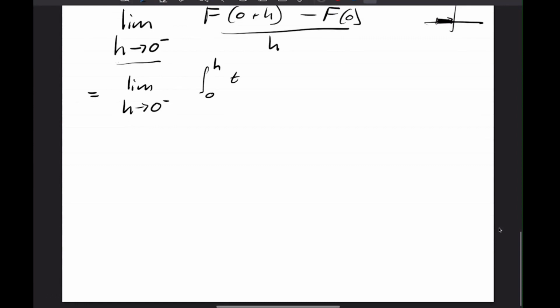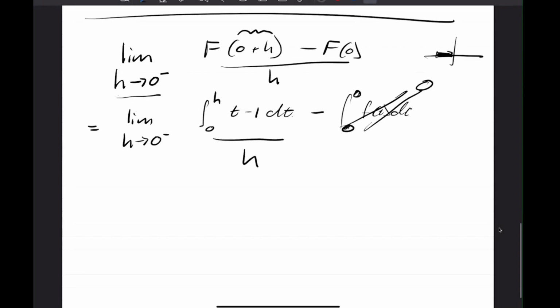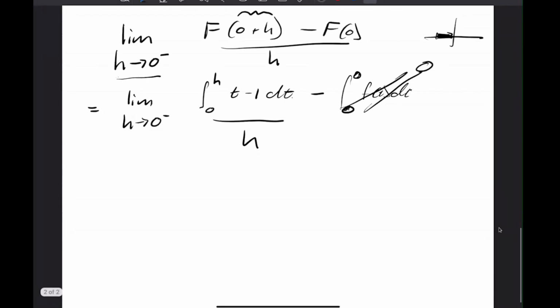So that is the integral of t minus 1 dt minus the integral from 0 to 0 of little f of t dt. And since we're integrating from 0 to 0, that term falls away. And don't forget, all over h.